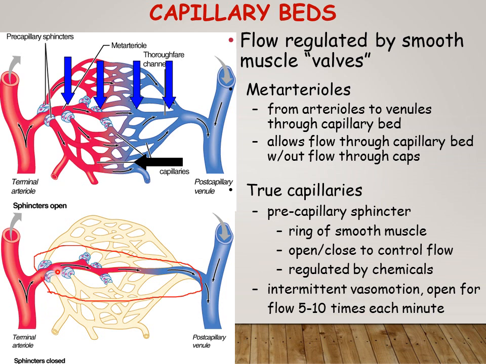This channel is a direct anastomotic channel between the arterioles and the venules. At that time the precapillary sphincters are contracted, blood does not enter the capillary network, and so exchange at the tissue level is also not possible.